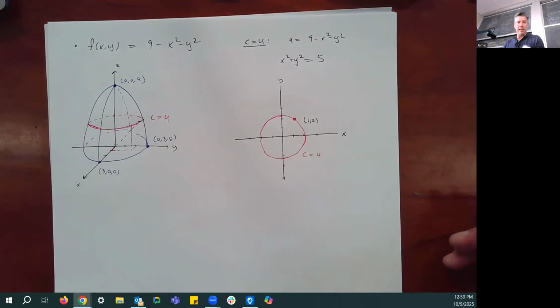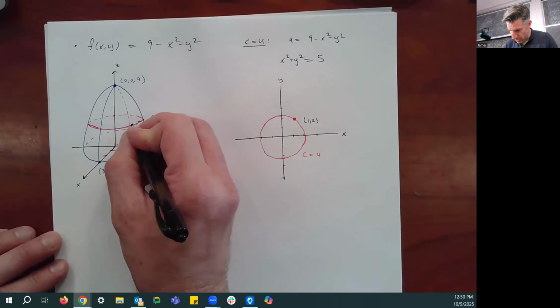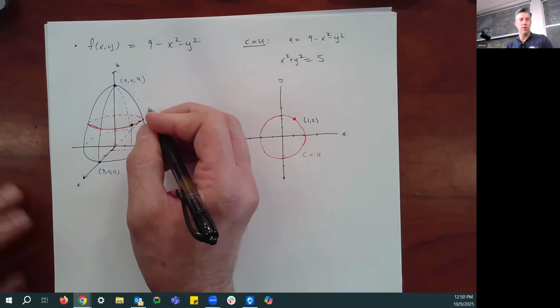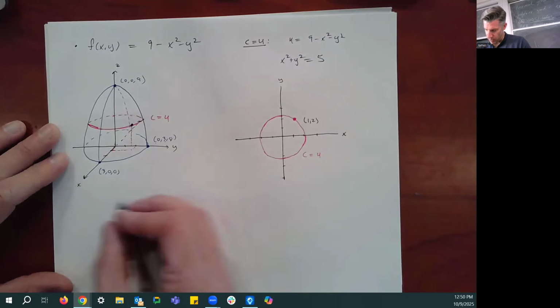So now here's what we're going to ask. Suppose at the point 1 comma 2 comma 4, we want to move in the direction of, I think I want to change this just slightly. So we're going to write down words.